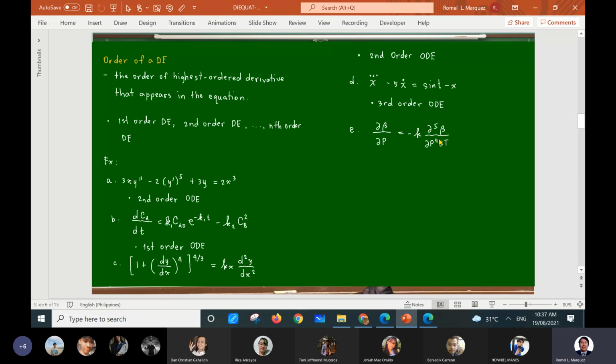Take note that if this is fifth order, the sum of the superscripts must be 5 also, for the letters involved. What about this, guys? This is a partial DE, am I correct? What is the order? Fifth order. Am I correct? Yes, because that's the highest.